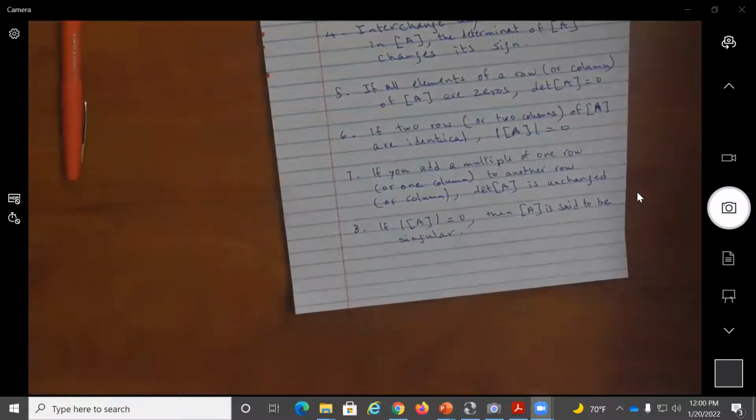And you're going to learn in the finite element method that the global stiffness matrix is a singular matrix. And a singular matrix does not have an inverse. And that's why we cannot solve the stiffness equations until we apply boundary conditions.